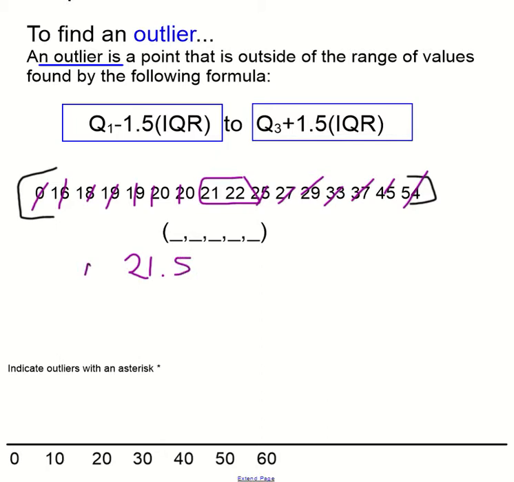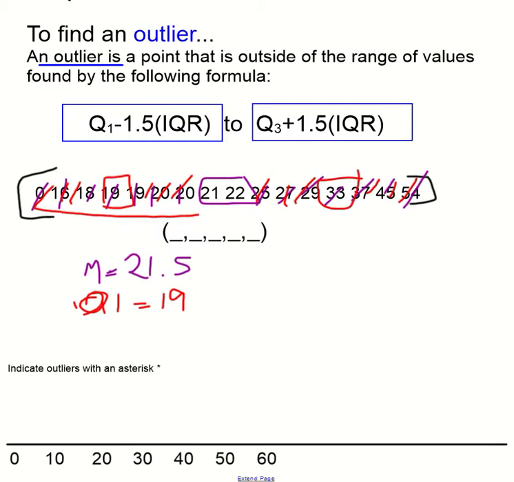That's our median. Now we look at the lower half of the numbers right here. We do the same process. It looks like our Q1 is 19. Now we need to find our Q3, which is 33.